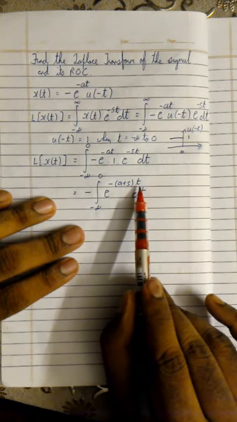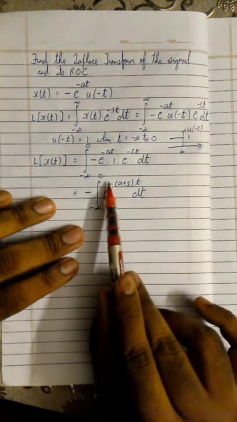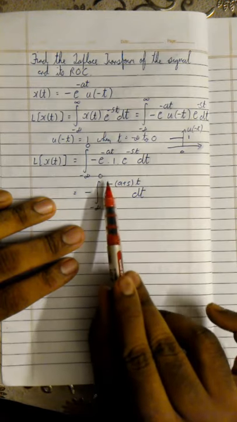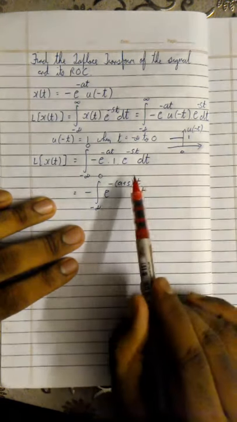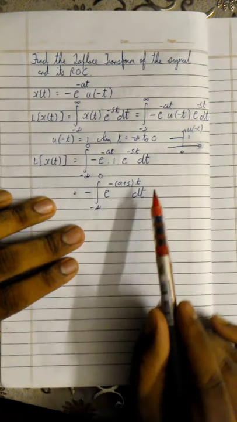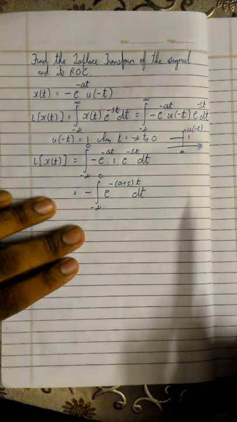So this negative value of t multiplied by this minus sign is actually a positive value. What you see here, this power of the exponential function, is a positive value. So if you want to find the value of ROC, then since this power is a positive value, then this value a plus s must be a negative value.